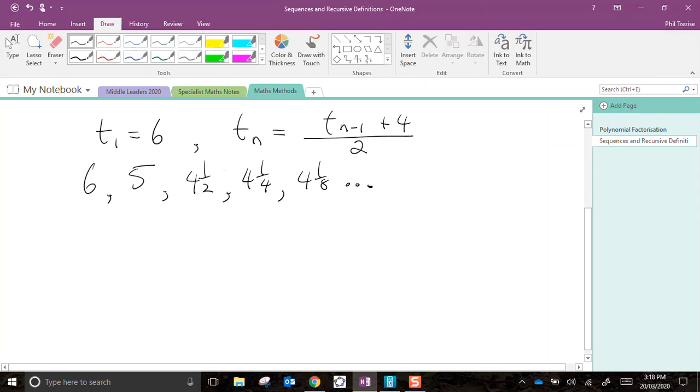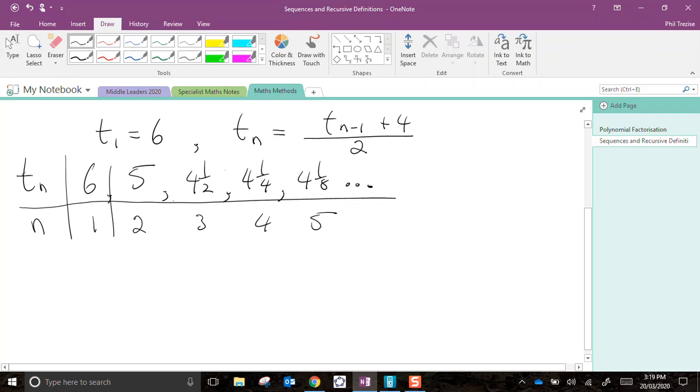Now, sometimes, and this can be difficult, I must admit, we can look at the numbers we're generating and we can think of a rule for them. So remember, these are the terms in the sequence, and it's handy to compare with that's number 1, that's number 2, 3, 4, 5, and so on.